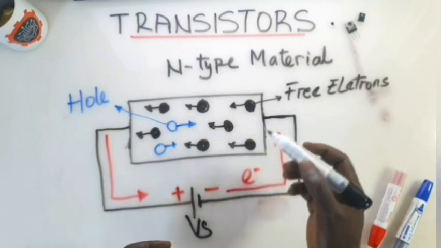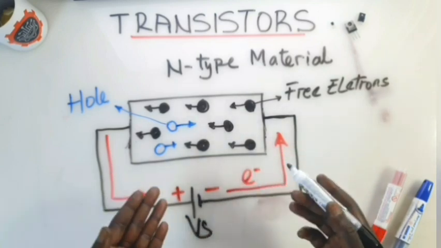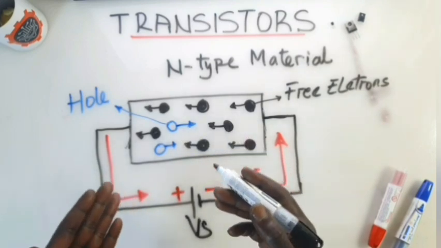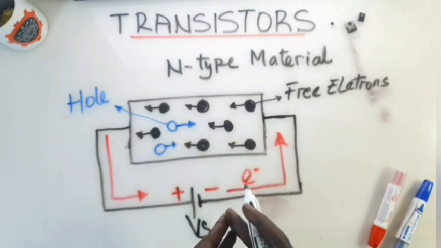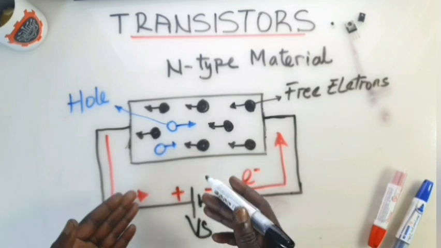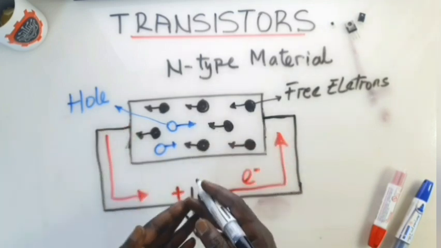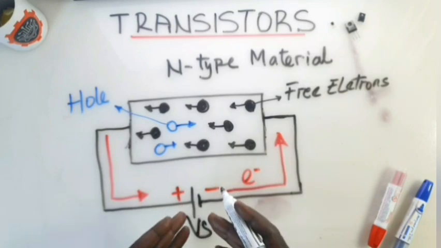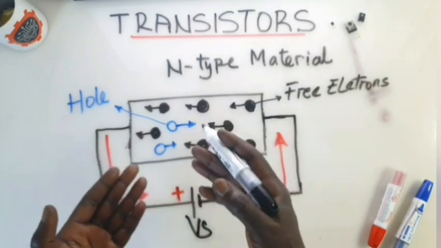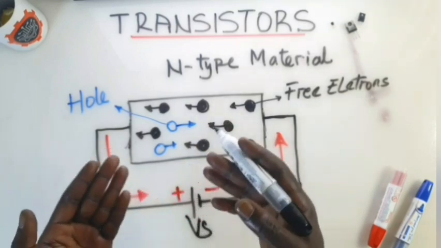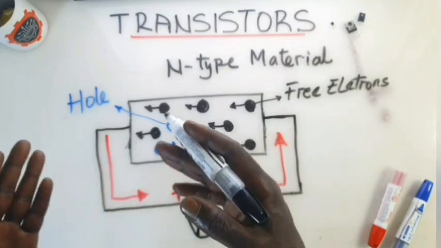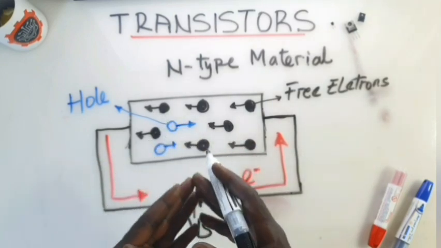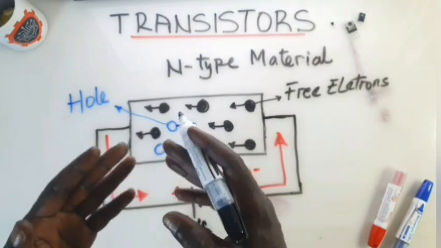These free electrons flow through the material. And the majority charge carriers here, these electrons, were grown during the doping process by adding a pinch of a pentavalent dopant.